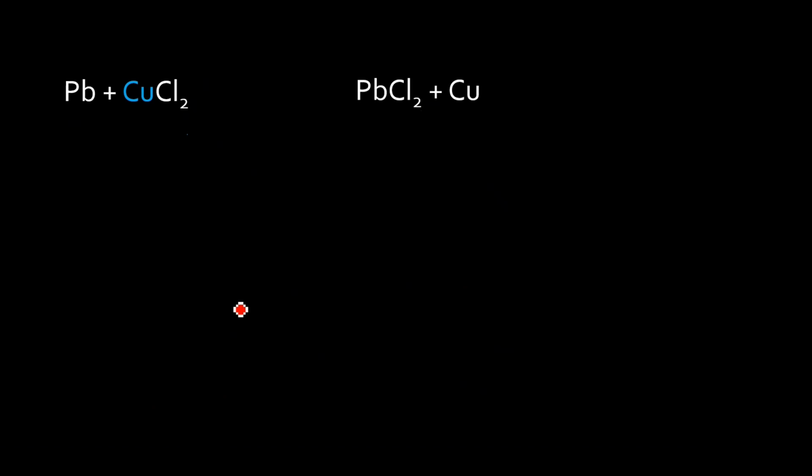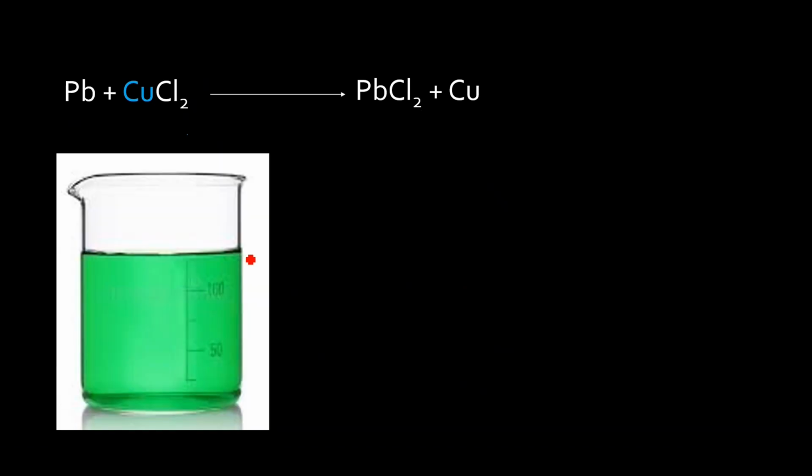Let us see another example: lead and copper chloride. The copper chloride solution is green in color, and we will put a lead strip in it. The copper chloride will dissociate into copper ions and chloride ions in the solution.